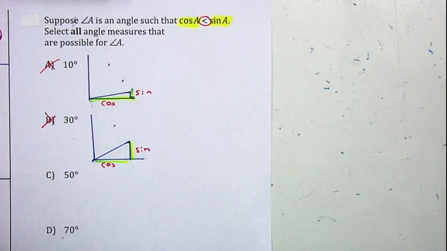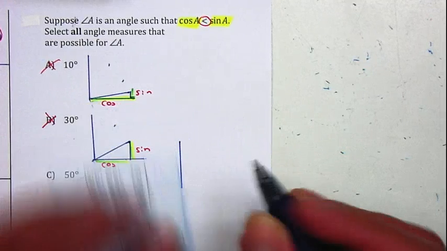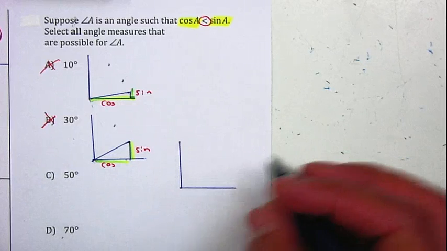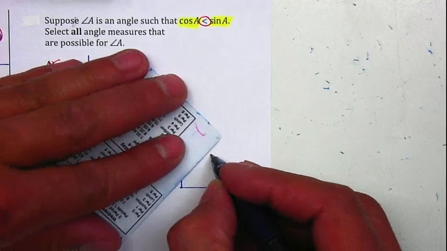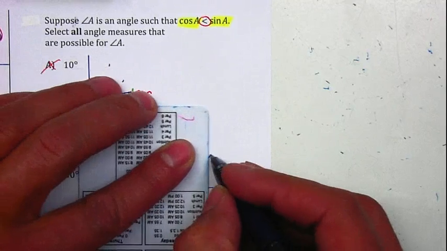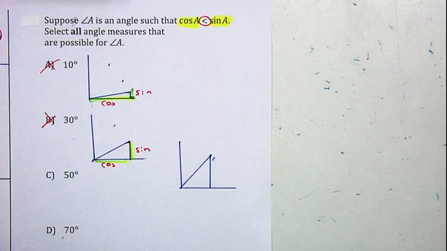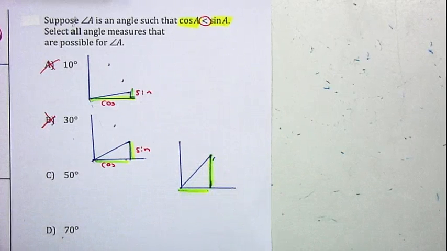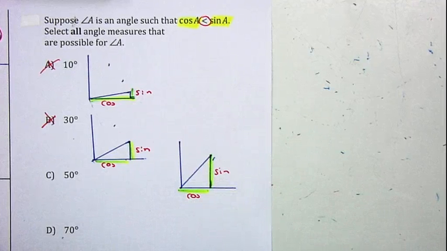Let's try 50 degrees. Let me go and place 50 degrees up here. Remember, the halfway mark is 45, so 50 will be just a bit higher than 45. And I'm comparing the sine and the cosine. The cosine is your x value, and your sine is your y value.